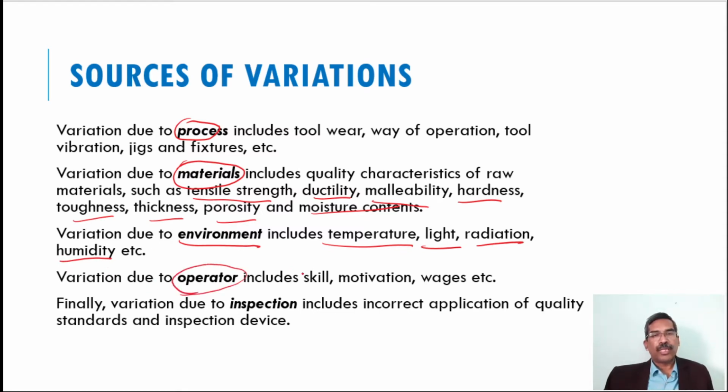This may be due to variation in skills, motivation and wages of the different workers. Then the inspection, the way of inspection, the calibration of inspection equipment, the quality standards, the inspection device, etc. So these are the five sources of variation, and these sources lead to variation in the quality parameters of the product.